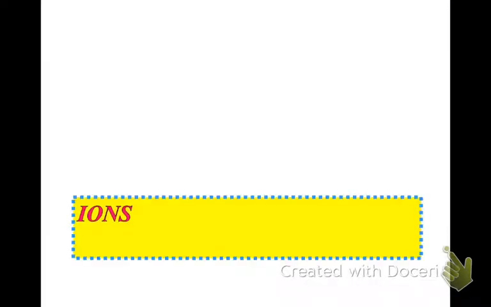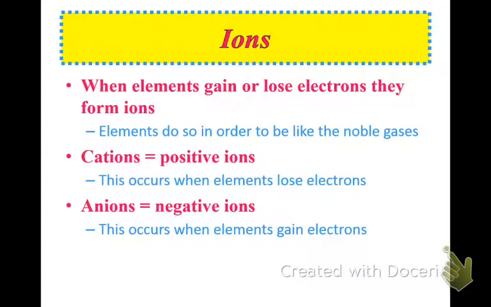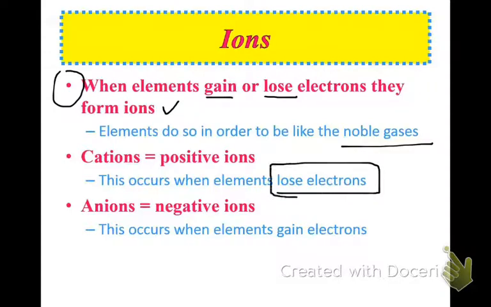So one of the ways that they do this is they form ions, and that's the first thing we're going to talk about. Ions are when an element gains or loses electrons. They do this so that they can become like the noble gases. So, the first possibility is when it loses an electron.